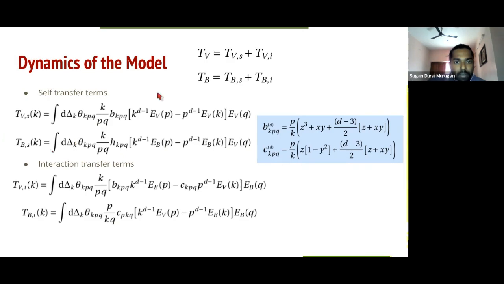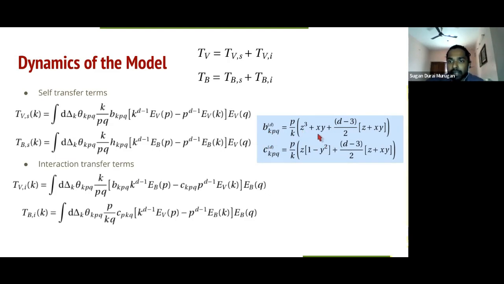So typically the transfer terms would look like this. This was developed for d equal to 3 and d equal to 2. Now in this work we have generalized it for arbitrary d. As you can see, the d stands in the transfer term and in the geometric coefficients, which are basically b, h, and c. So just a glimpse of what b and c look like.